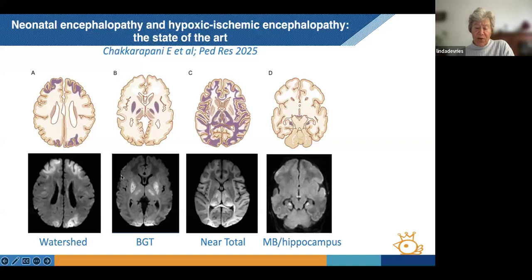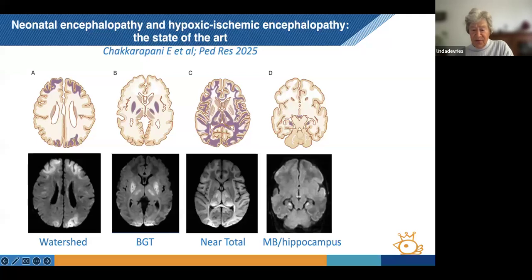And the baby is following an acute sentinel event, so really like uterine rupture, placental abruption, prolapsed cord. We may see injury purely to the most metabolically active areas, the basal ganglia and the thalami. So we tend to call this a BGT pattern of injury. Now, we can also have injury where both the central gray nuclei as well as the cortex and white matter are affected.